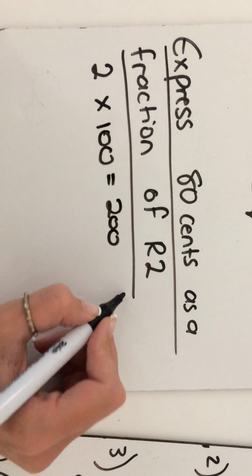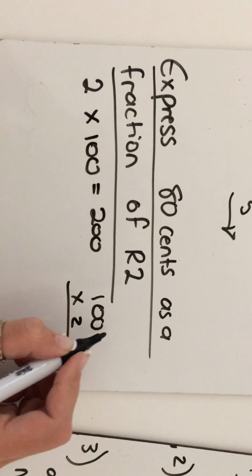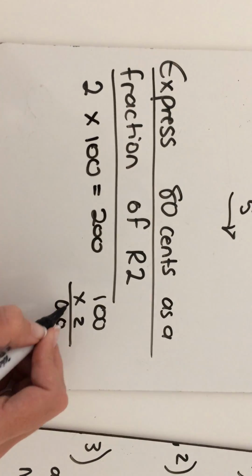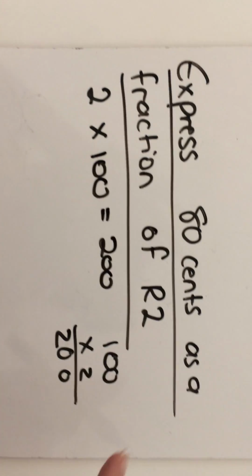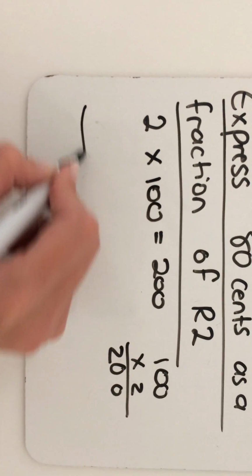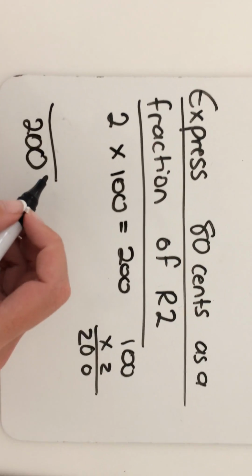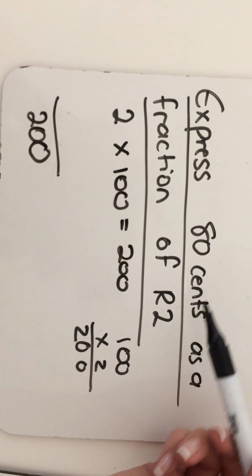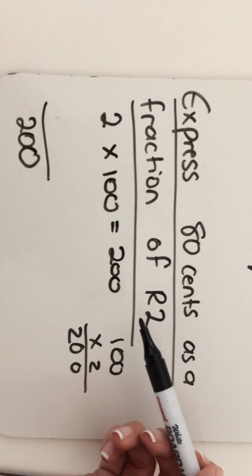I know that because if I put them over each other, 2 times 0 is 0, 2 times 0 is 0, 2 times 1 is 2, gives me 200. So I know that there's 200 possible cents that I could get. So my denominator is 200. Because one of them is cents and one of them is rand, Spark Scholars, you cannot put 80 over 2.